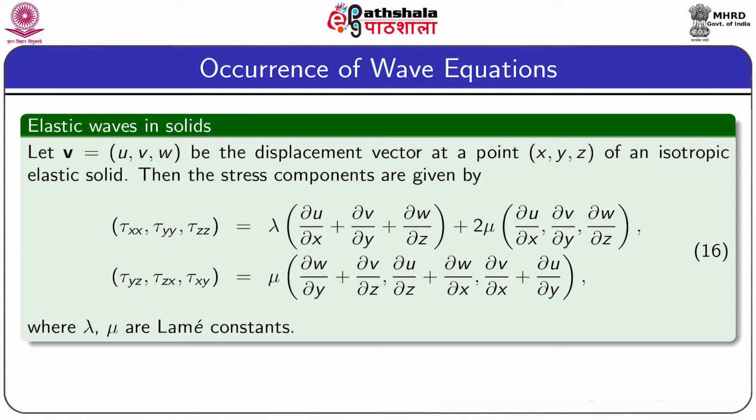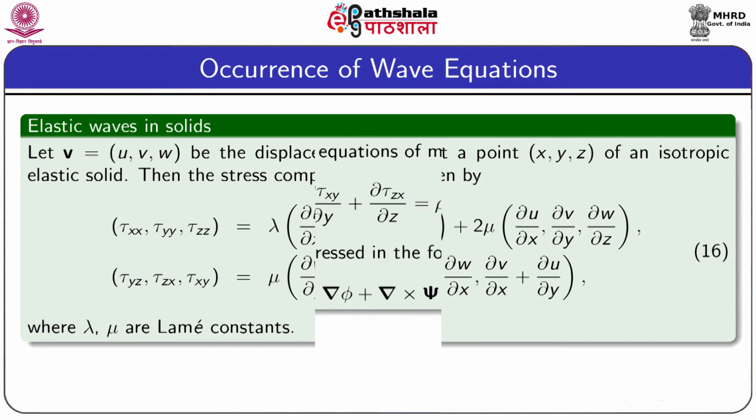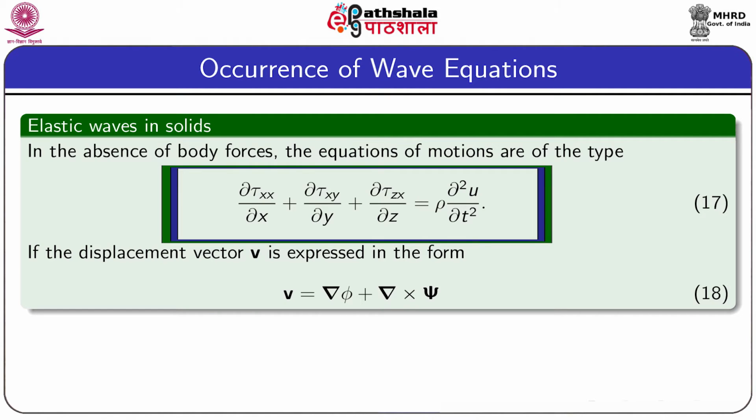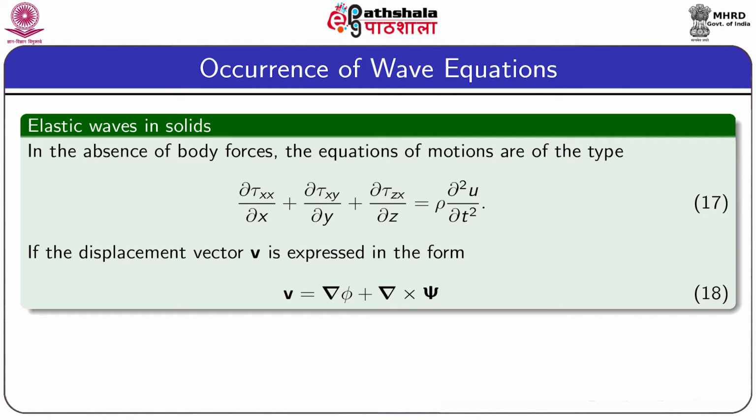They are known as Lamé constants. Now, in absence of body force, the equation of motion can be written in the form ∂/∂x of tau xx plus ∂/∂y of tau xy plus ∂/∂z of tau zx equals rho into ∂²u/∂t².